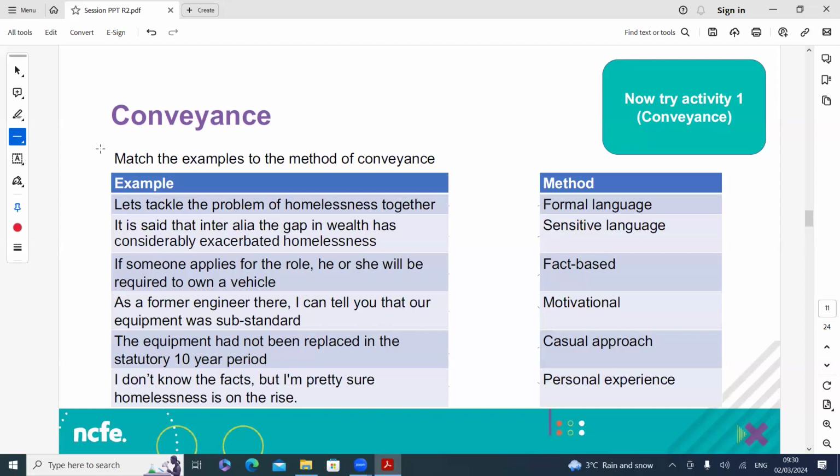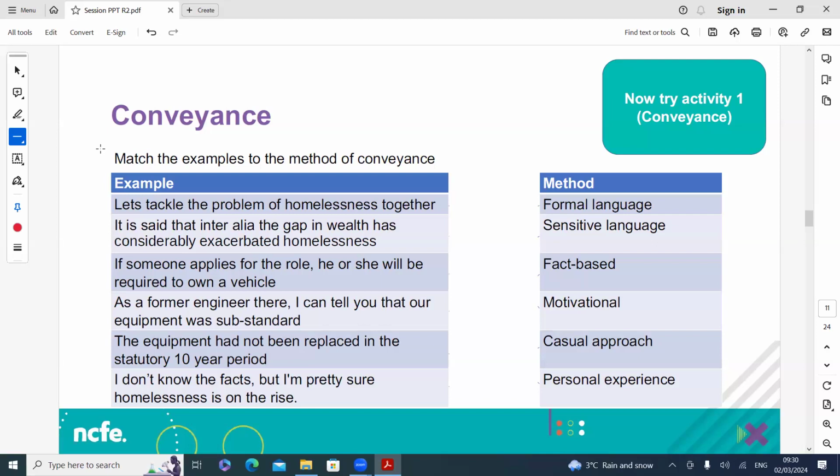If you're not sure about the formal language one, tell me one of the methods that you do know that you can match to an example. Just to start us off. So, anyone have a go?